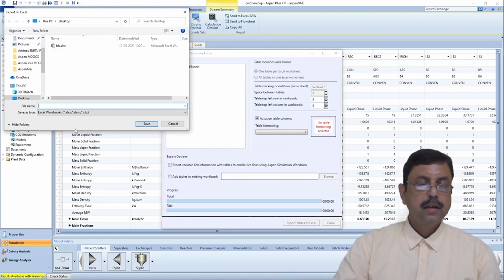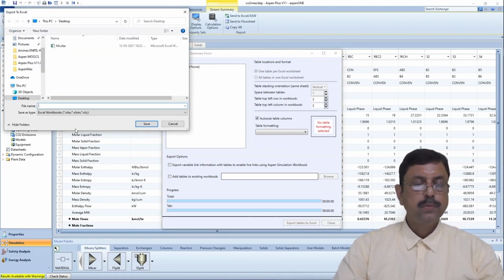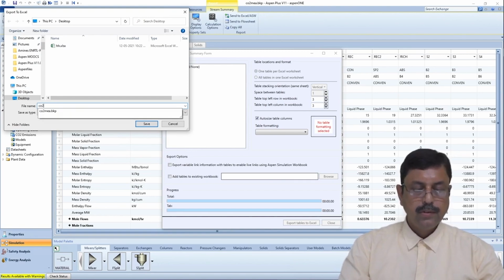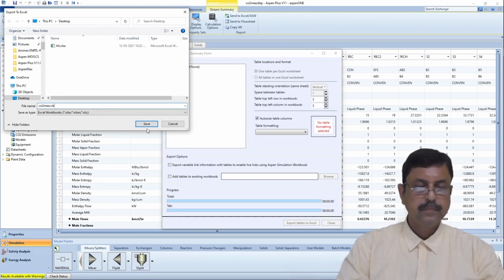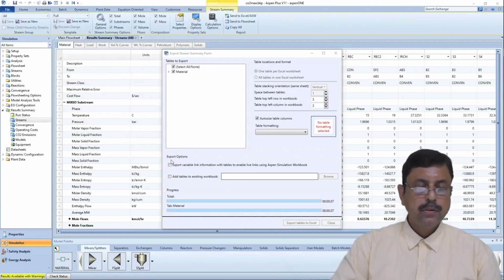and suppose you want to send it to CO2MEA.xls. Okay, save. Then you will find the progress over here.